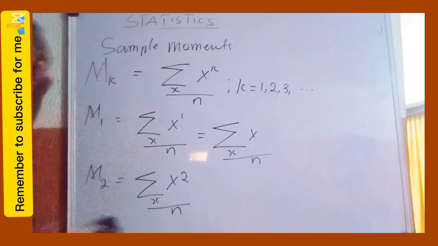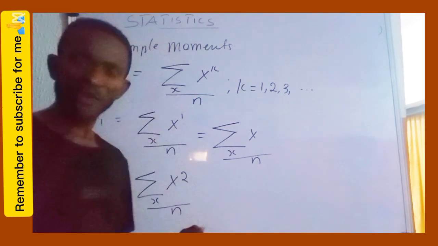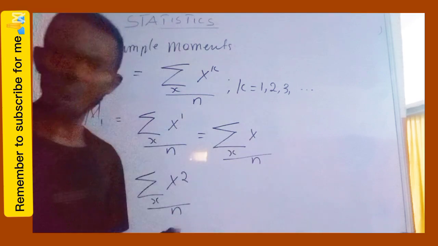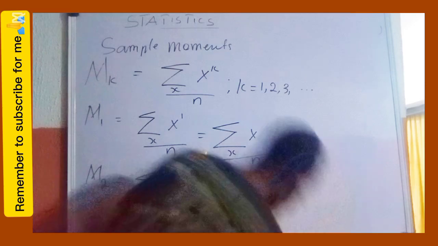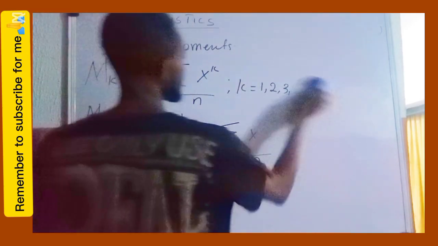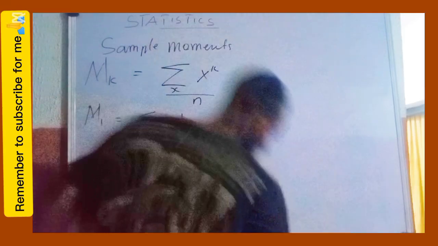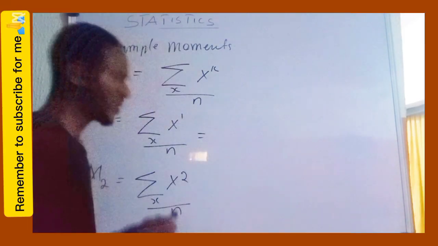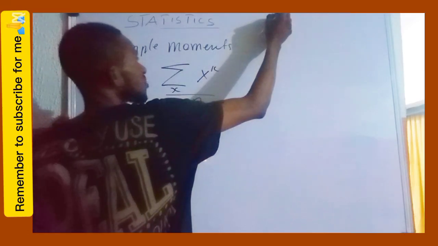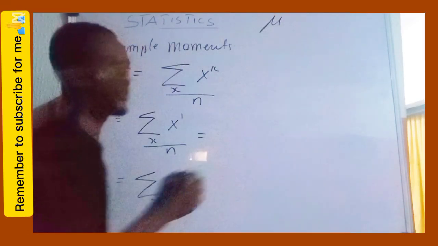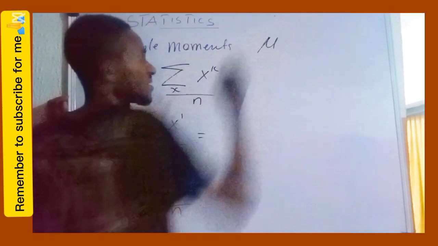We want to show the sample moment about the mean. Permit me to clean this side of the board. Do remember that when we talked about the population mean, we represent it with mu.